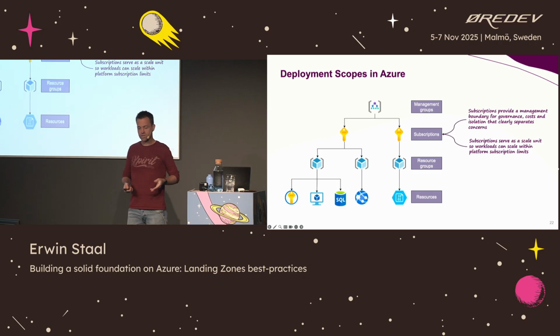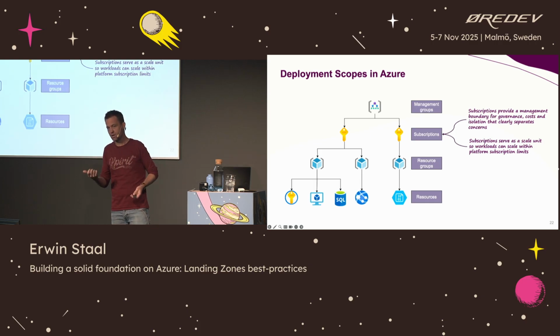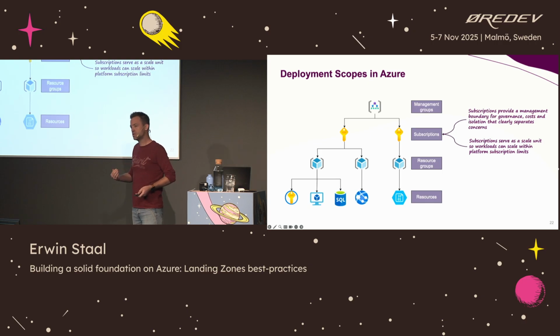Another reason to do this is that in Azure, the subscription is often the place where platform limits are being set. So there are various limits in Azure that dictate that you can, for example, have 20 CPUs of a specific kind. Well, that is a limitation on the subscription level. So if you put all workloads in a single subscription, you would quite quickly run into those kinds of limits.